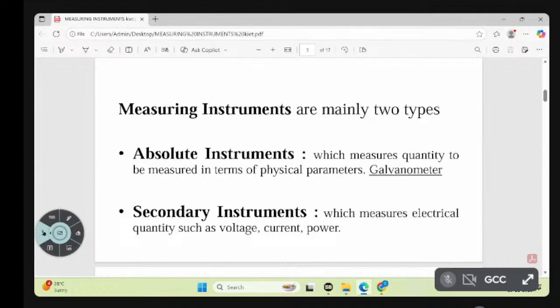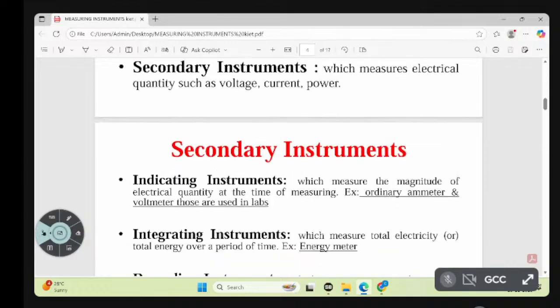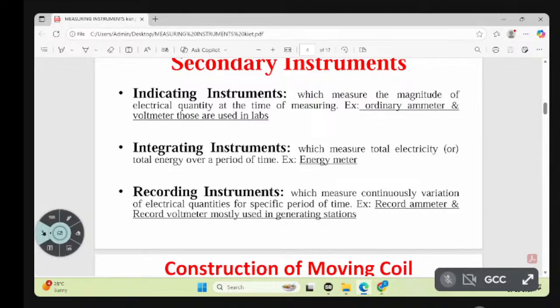This is about integrating instruments and recording instruments. As far as your syllabus is concerned, you have only indicating instruments: PMMC and MI, moving coil and moving iron instruments are indicating instruments.